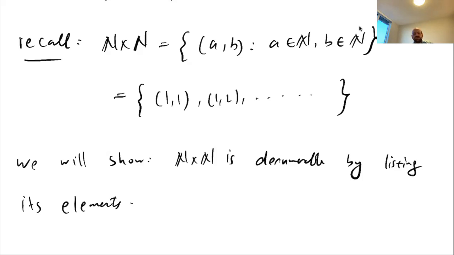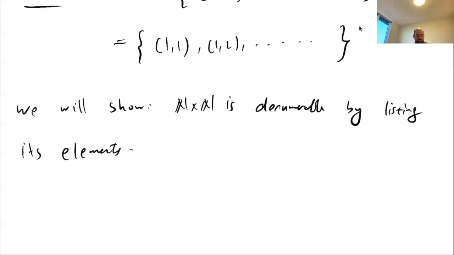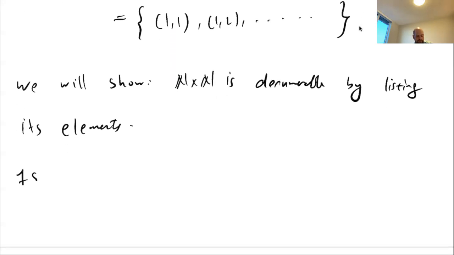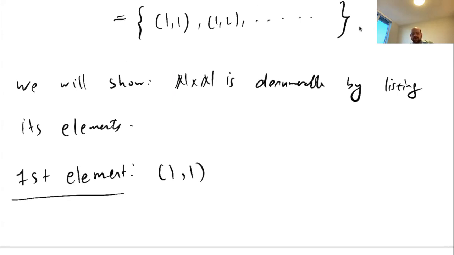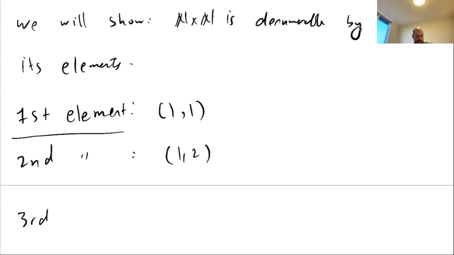So what do you think I can list as the first element of N cross N? You could probably suggest that (1, 1) can be listed as the first one. Okay, what about the second element? Could do (1, 2). Third element, (2, 1).